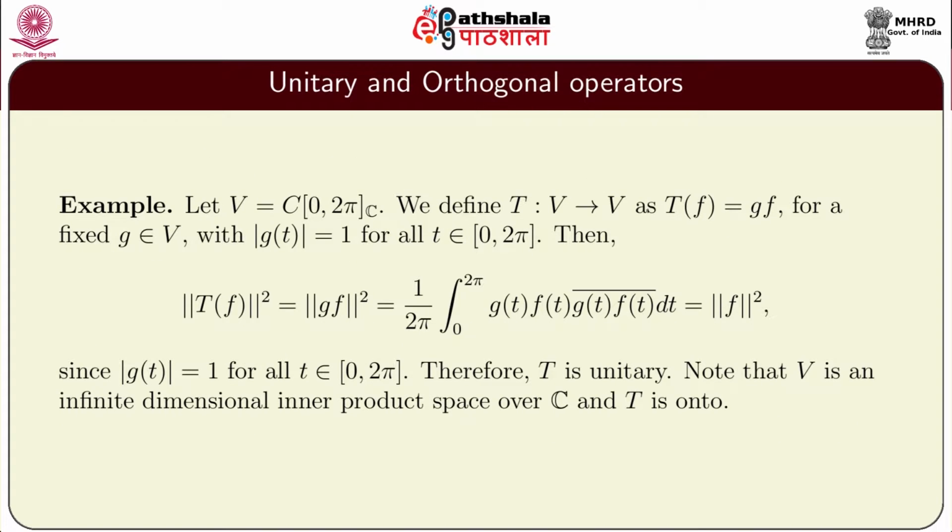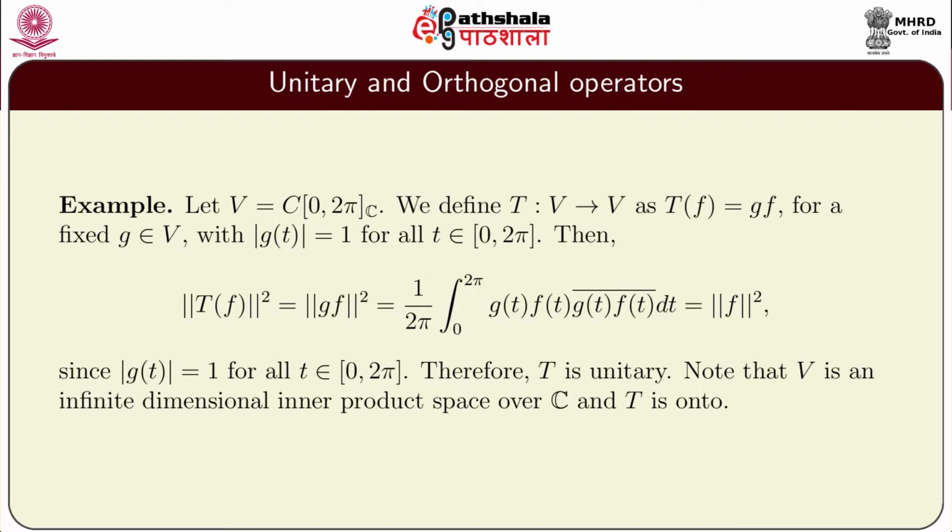Example: let V denote the collection of all continuous complex valued functions on the closed and bounded interval 0 to 2 pi. We know that it is an infinite dimensional inner product space over the complex field. Let us define T from V to V as T of f is equal to g f for a fixed g in V with mod of g(t) equal to 1 for all t in 0 to 2 pi.